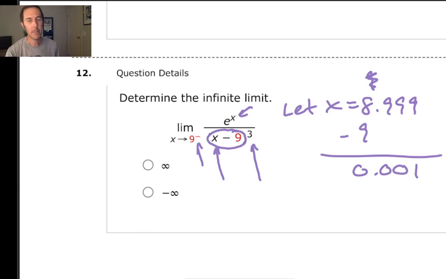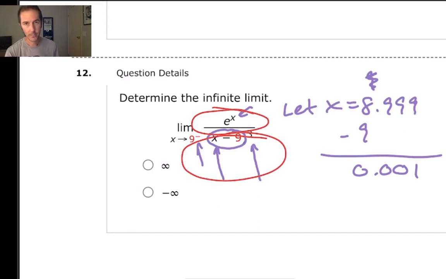You get a billionth. It's like 8 zeros and then a 1. It's an insanely small number. And what happens when you take a number like 1,000 and you divide it by a number that's really small? You get a number that's really big.